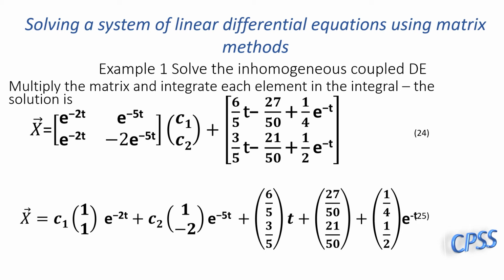You also, in the first part of the general solution, have the matrix with the column vector, which is the constant column vector. As I mentioned earlier, how the C vector is structured, C1, C2. So you see in equation 25 how all this can be separated out. And this is your solution.